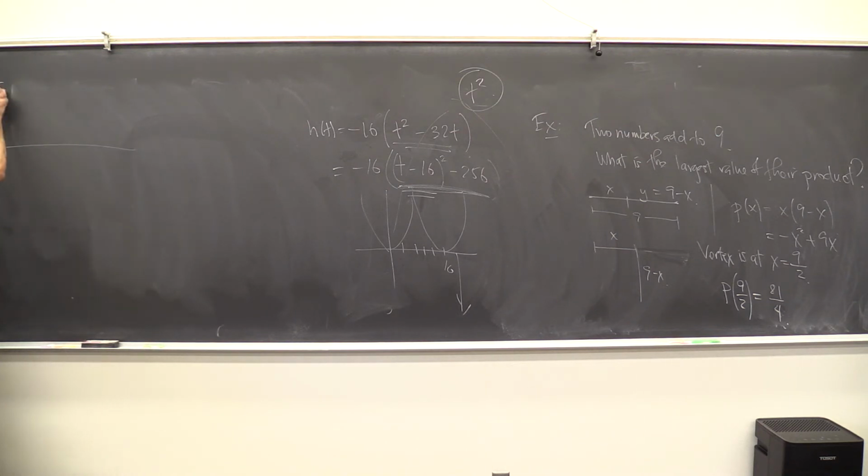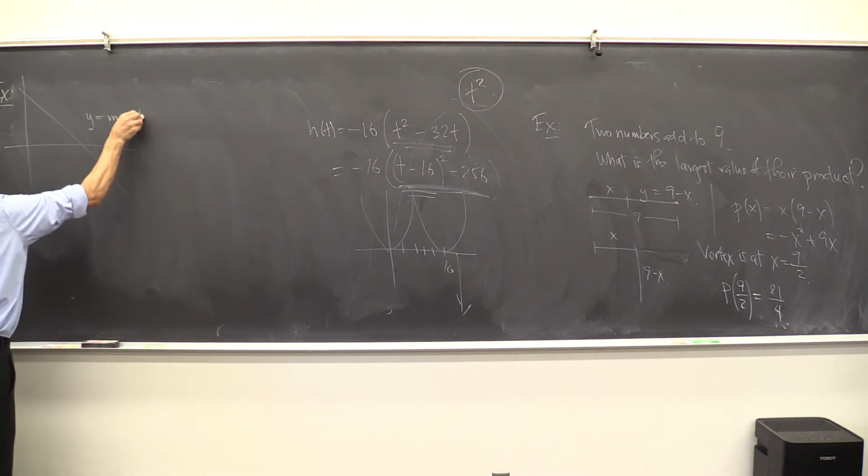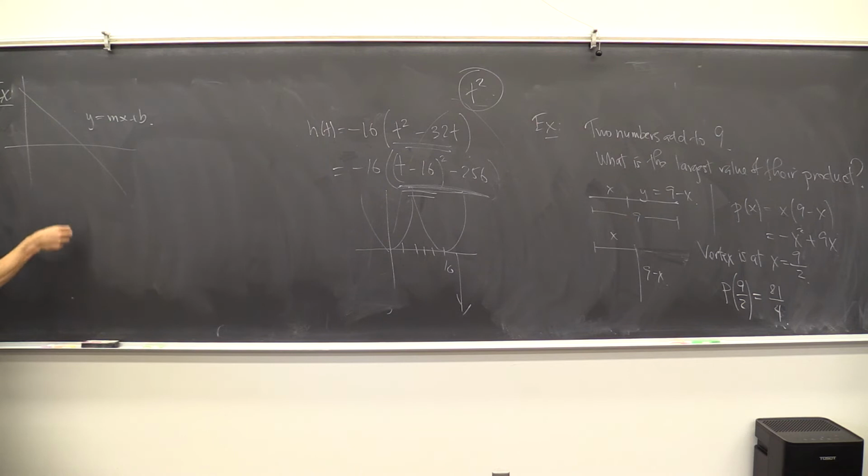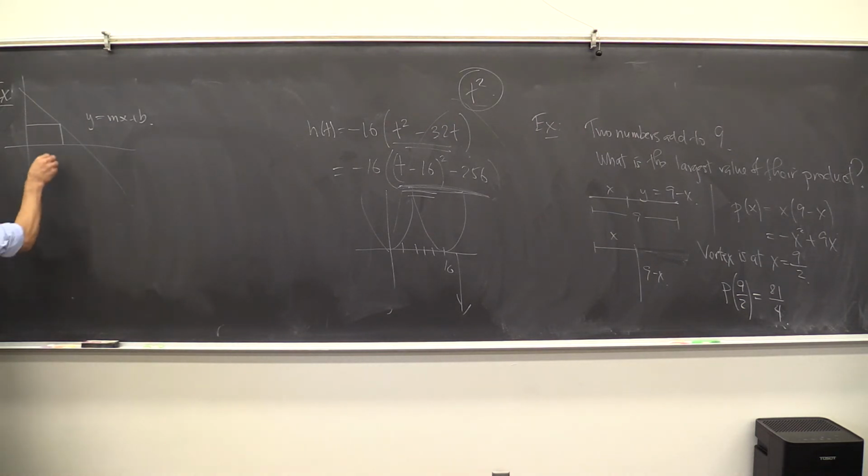Another example. Suppose you have a line y equals mx plus b, and you would like to make a rectangle underneath that line. And the question is, what is the largest rectangle you can get?